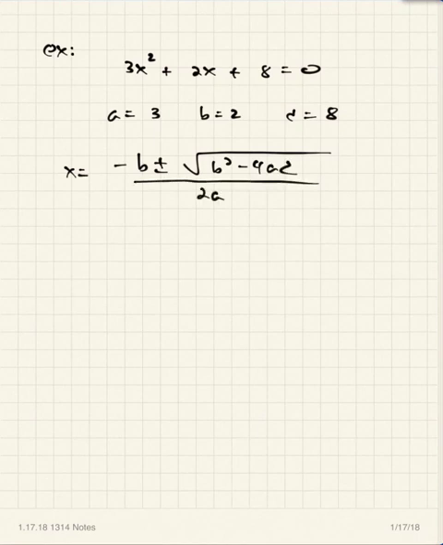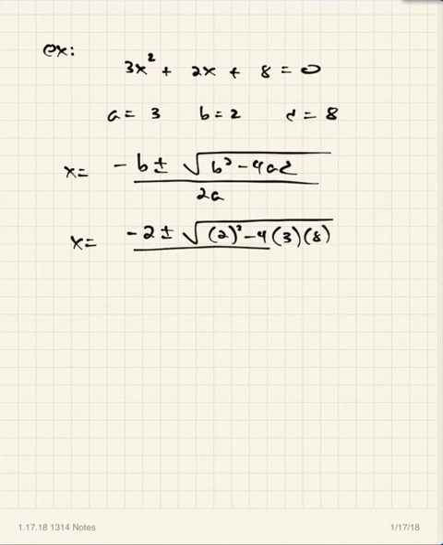Like that. And so you get x equals the opposite of b, so this would be -2 plus or minus the square root of b squared. Make sure you use parentheses, minus 4 times a times c, all divided by 2 times 3, like that.